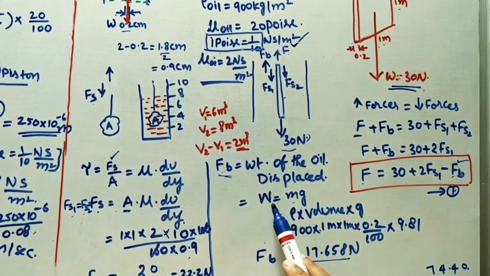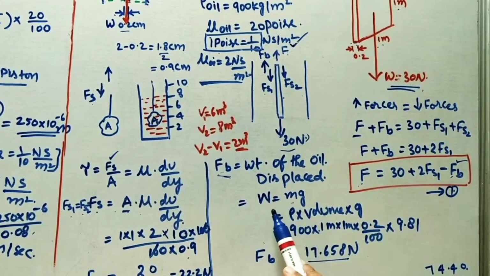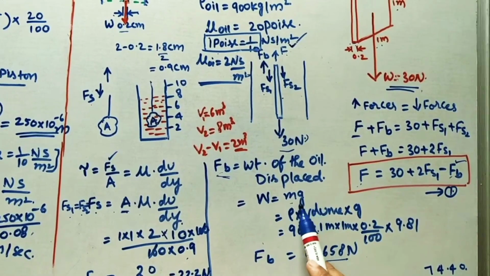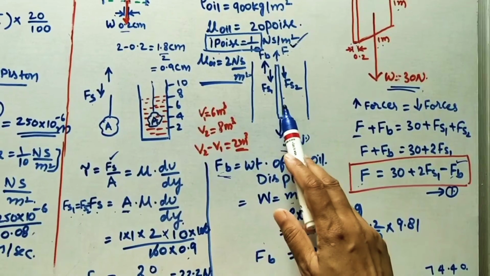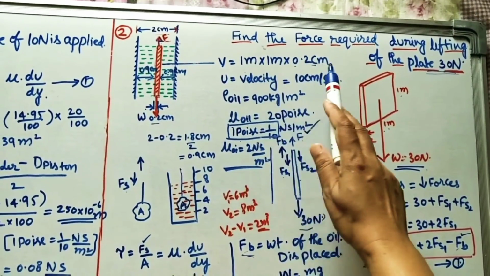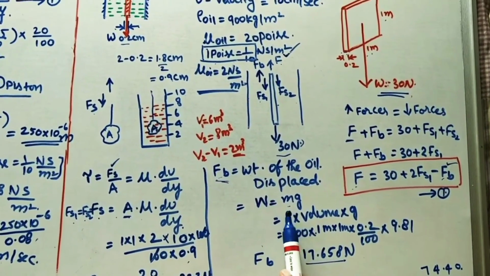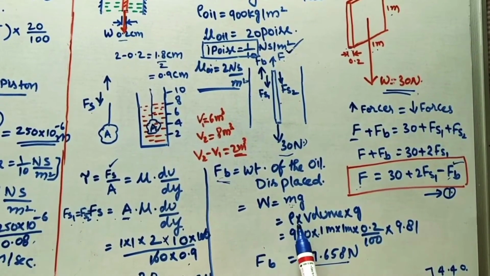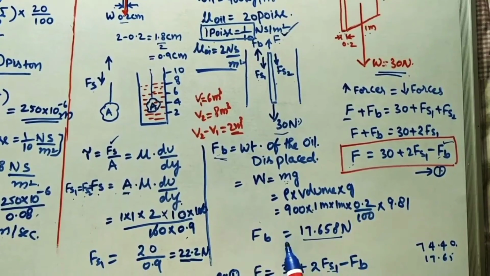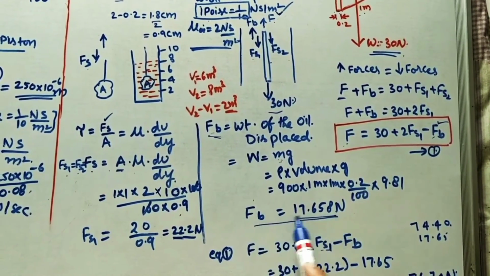So weight we are taking W is equal to mg, like F is equal to ma. So here instead of m we have to take the relation, because we know the volume of this plate, it is given. So we have to take in terms of rho and volume. We know density is equal to mass by volume. So by using this we got this. We have to consider this.